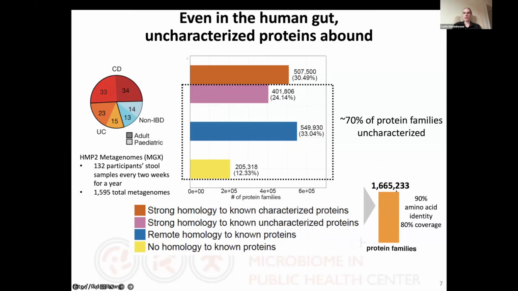So about 500,000 of these 1.6 million protein families have high enough homology to believe any protein that has any functional annotation. We're very generous about what we call a functional annotation here. The remaining 70% or so, even in a westernized human gut population, are uncharacterized.